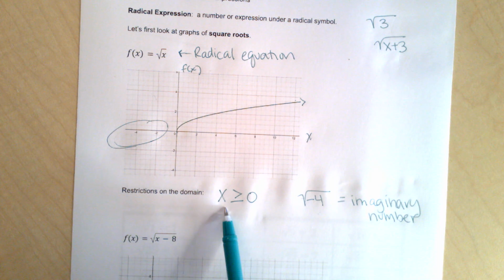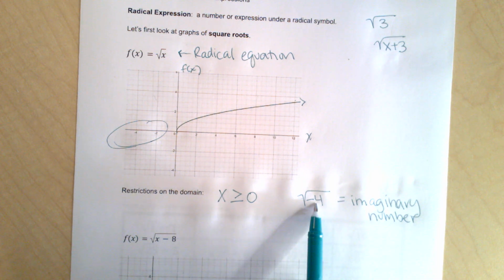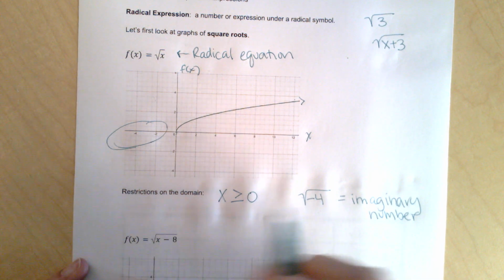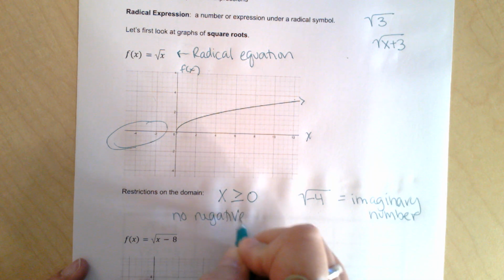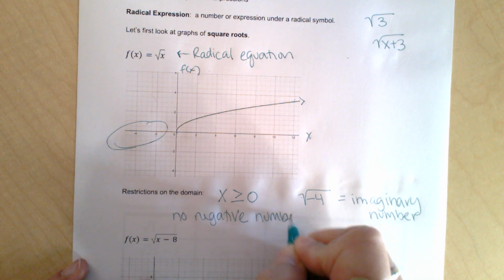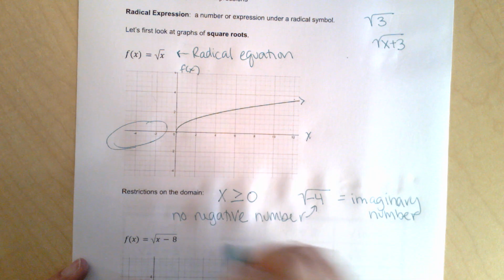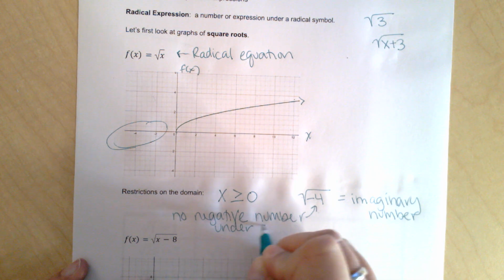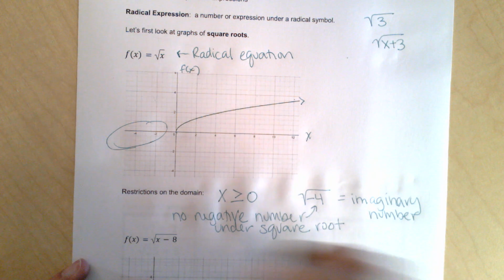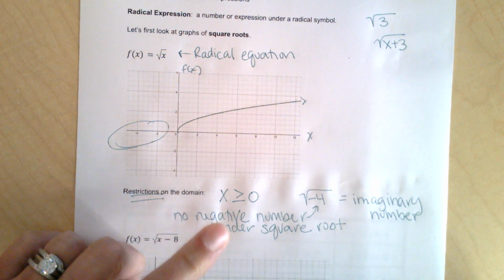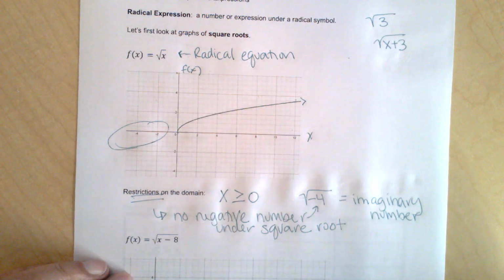So we are going to have to restrict the domain. We cannot have negatives underneath the square root. No negative numbers under square root. And so that is our restriction. No negative numbers underneath square root.